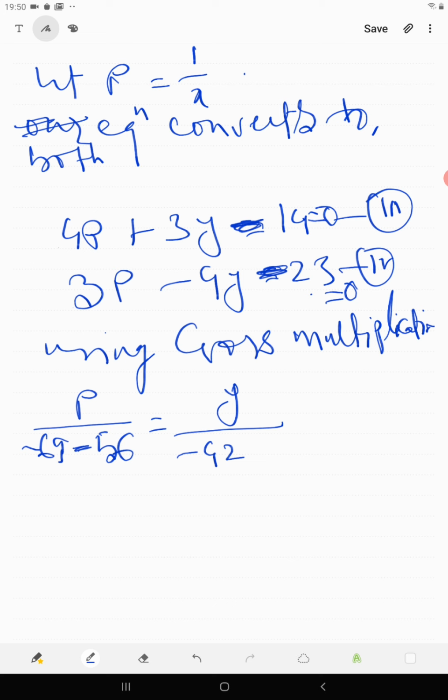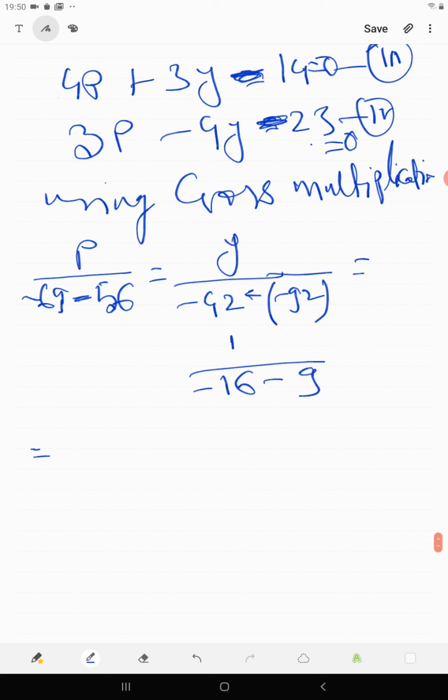Minus 42, minus 23 into 4 is minus 92. This equals 1 by 4 into minus 4, minus 16, and 3 into 3 is minus 9.